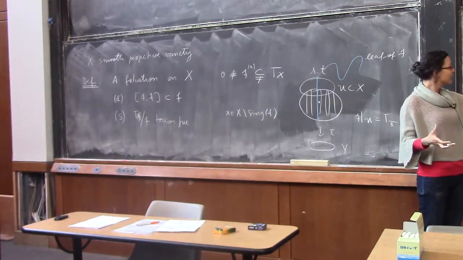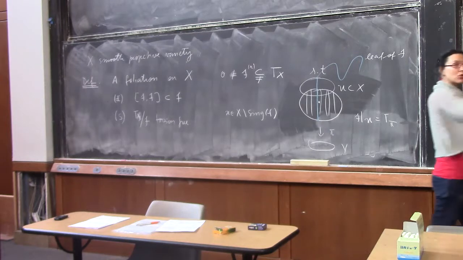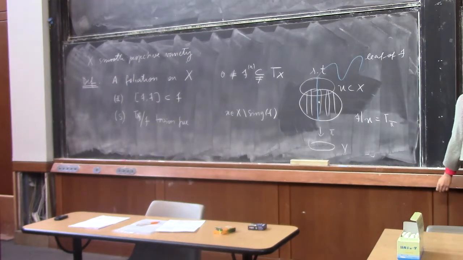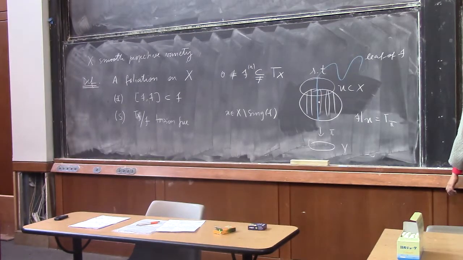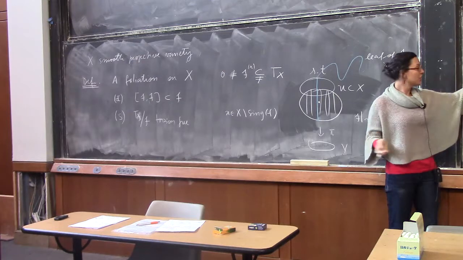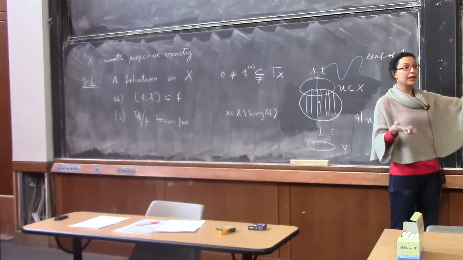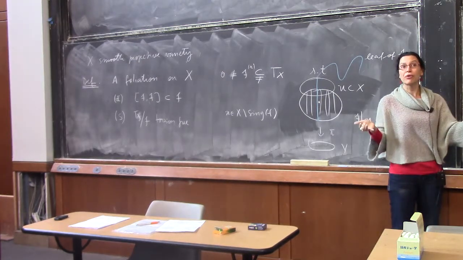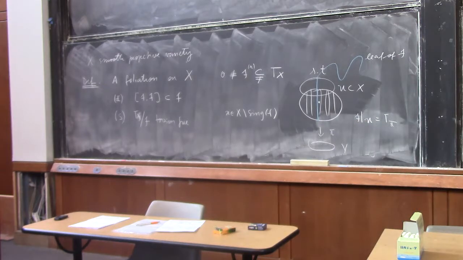I take the relative tangent, and then I saturate it in T_X. So this is a foliation, the relative tangent to a rational map. This is very nice because here the leaves are just algebraic varieties. So this is what we call an algebraic foliation.